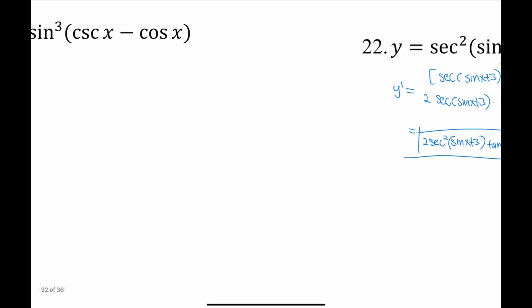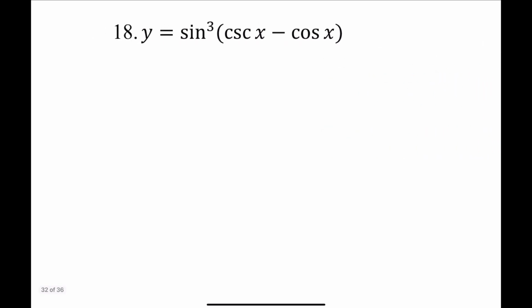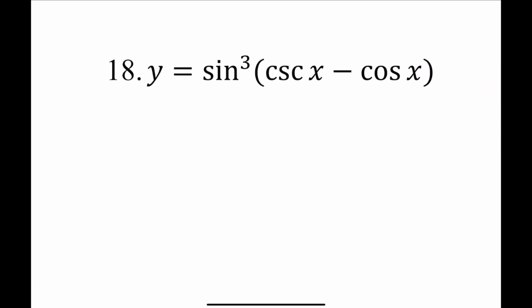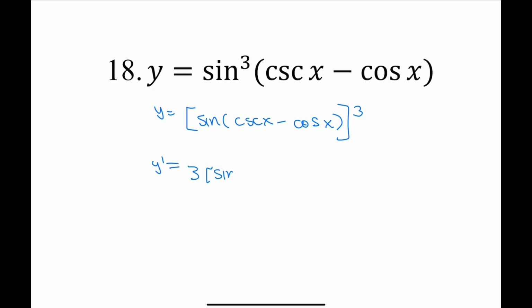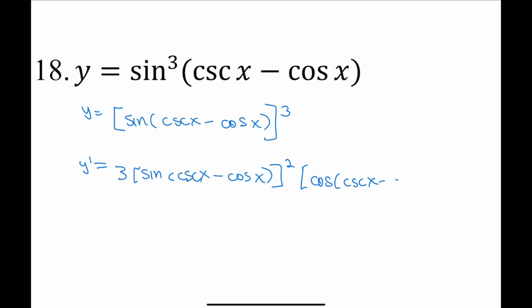And then before we end, we also have number 18 that we forgot about. So y equals sine of cosecant x minus cosine x, this whole thing to the power of 3, so y prime, 3 comes out to the front, so sine of cosecant x minus cosine x to the power of 2, and then chain rule, so cosine of cosecant x minus cosine x.